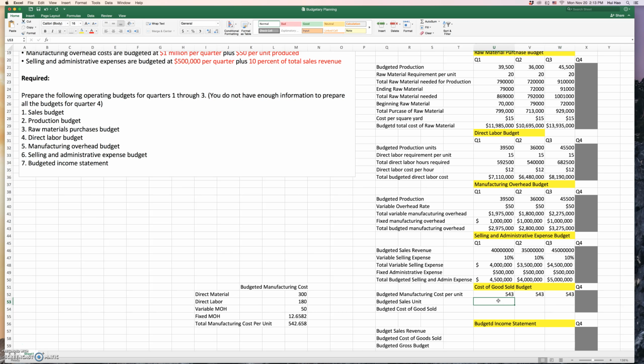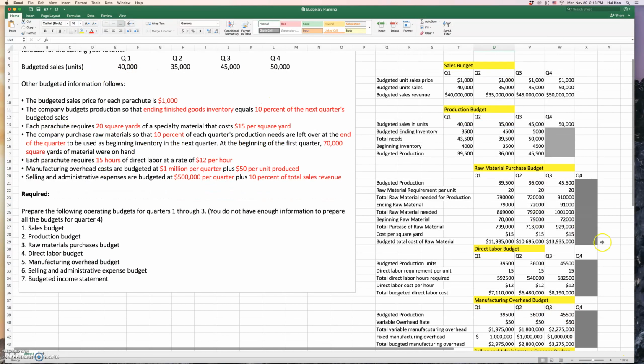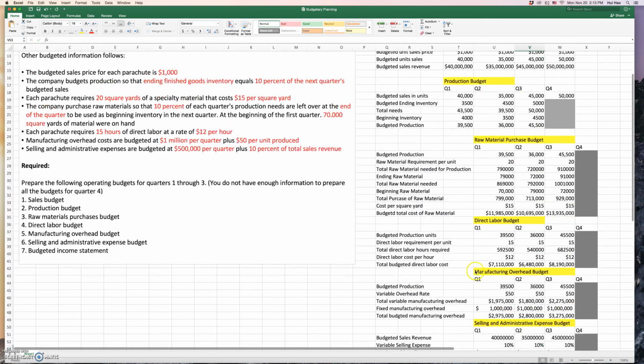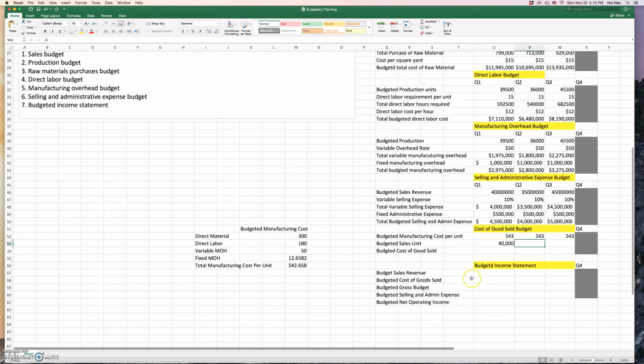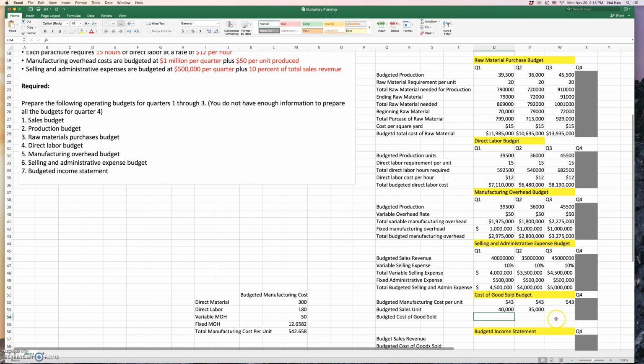Budget sales units, they told us for quarter one, 40,000 units. Quarter two, 35,000. Quarter three, 45,000.